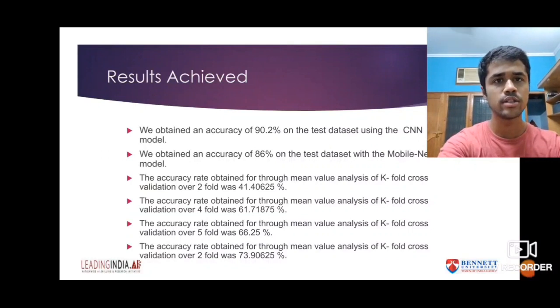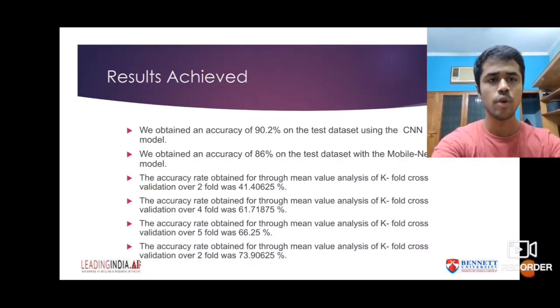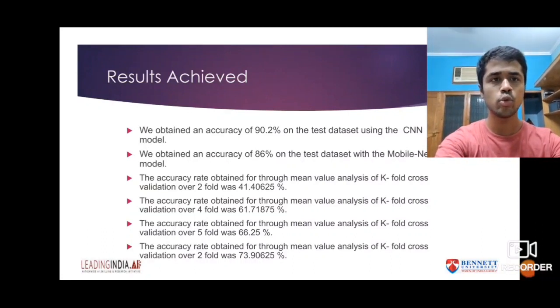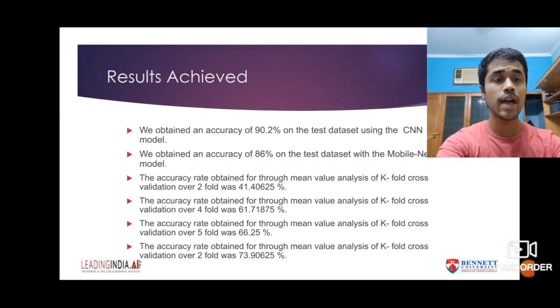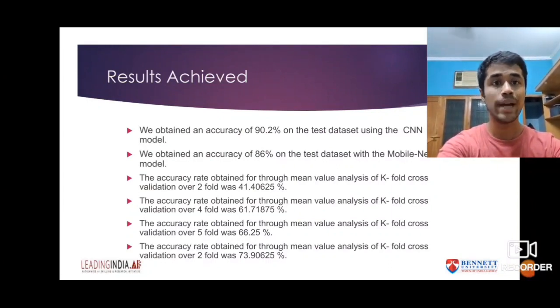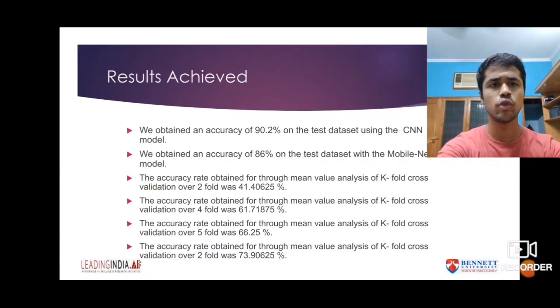Now we're going to discuss the results we have achieved through the CNN model. We obtained an accuracy of 90.2% on the test dataset using the CNN model. We obtained an accuracy of 86% on the test dataset with the MobileNet model. The accuracy rate obtained for mean value analysis of K-fold cross validation over two-fold was 41.46%.